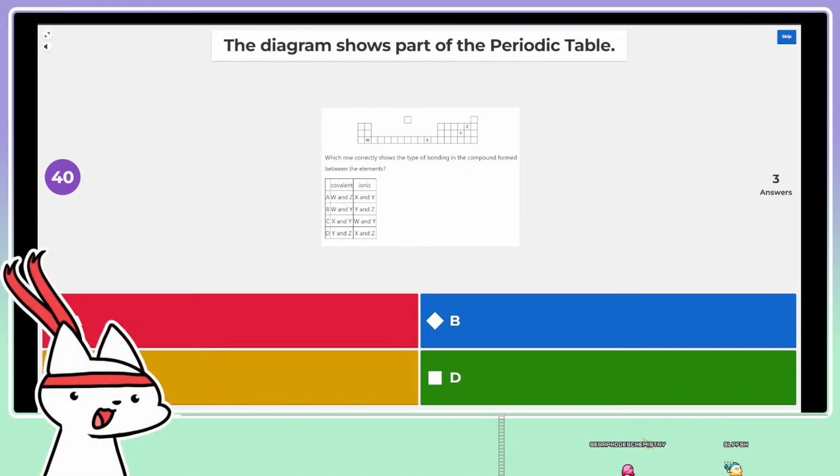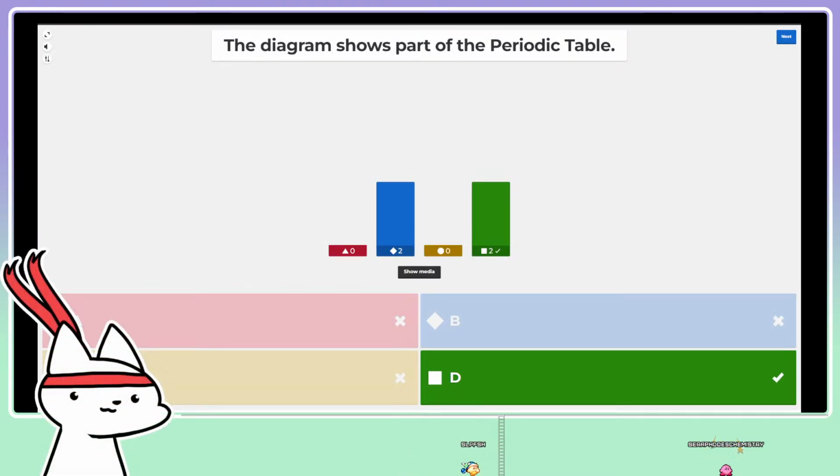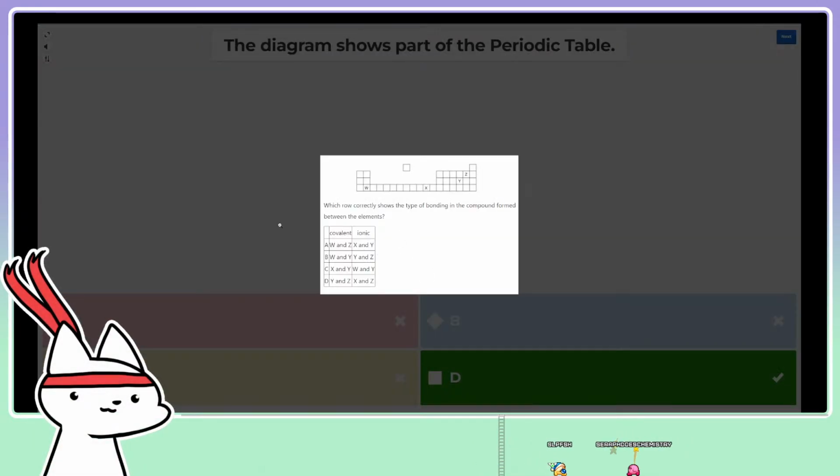Forty seconds to go. Okay, so in this case, if you look at the question, whoever picked blue, W and Y. W is group 2.